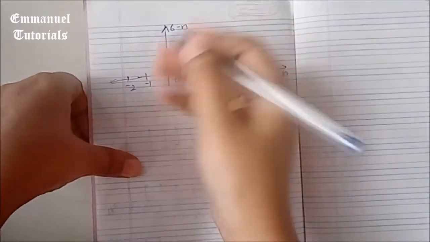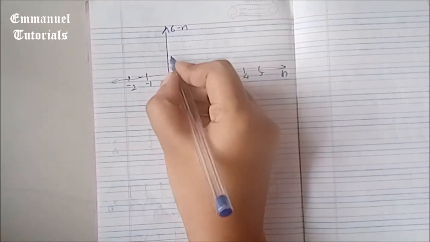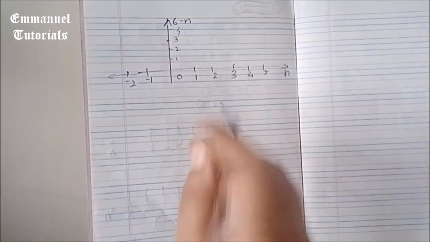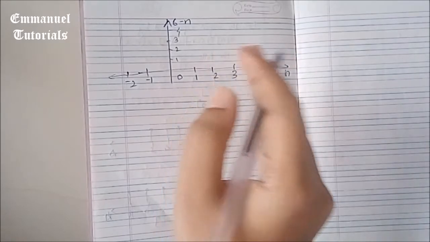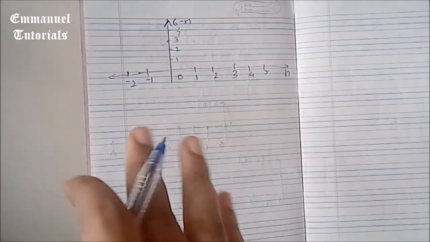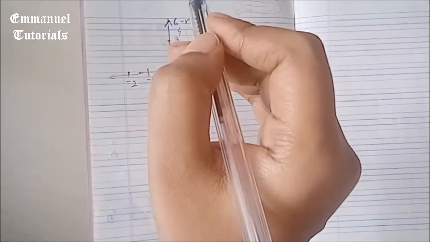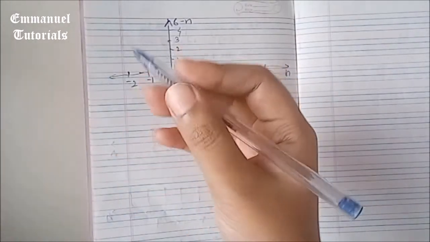Now from the expression itself we come to know what is happening. What you're going to do is, at each point of the signal, at each value of n, the signal is going to be 6 minus n. So at -2, the signal's amplitude is going to be 6 minus -2, which is 8.